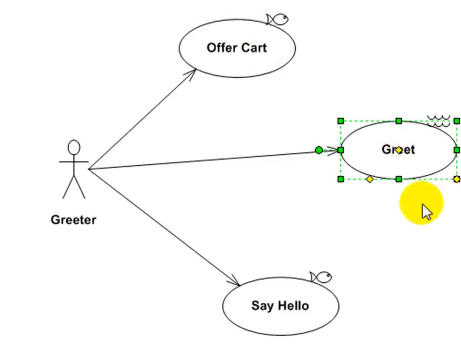These are all parts of the greet use case. The important thing is to figure out your actors and your C-level use cases. These have also been called your top-level use cases. The use case will be used to create an activity diagram.